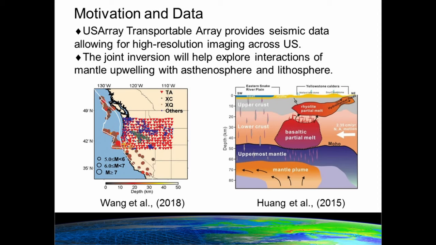The joint inversion will facilitate the exploration of the upper mantle structure in the western U.S. and help explore the complex interactions of mantle upwelling with asthenosphere and lithosphere.